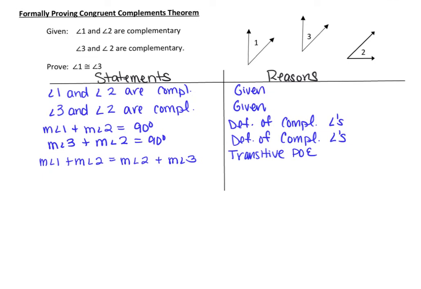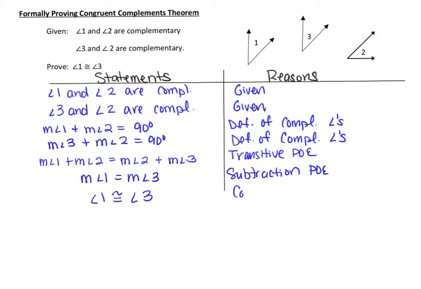So we're going to use the subtraction property of equality to subtract the measurement of angle 2 from each side, which will leave me measurement of angle 1 is equal to measurement of angle 3. That was your subtraction property of equality. And if the measurements of their angles are equal, that means that angle 1 is congruent to angle 3.